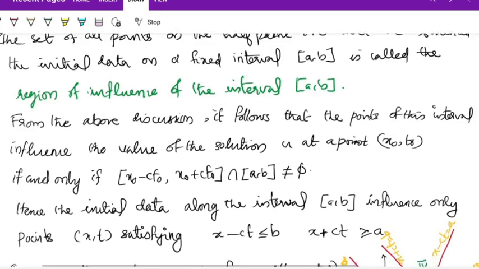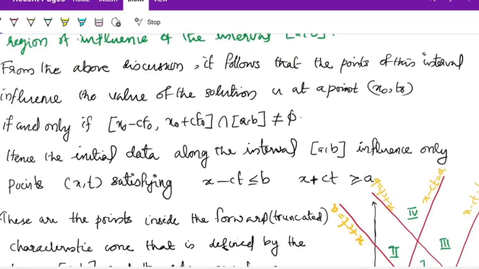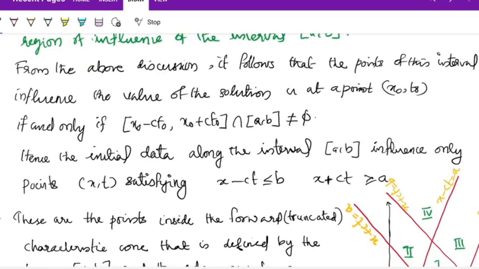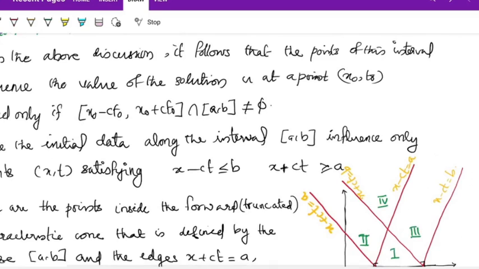And the points in the region of influence influence the value of the solution u at (x0, t0) if and only if the intersection of the two intervals is non-empty.